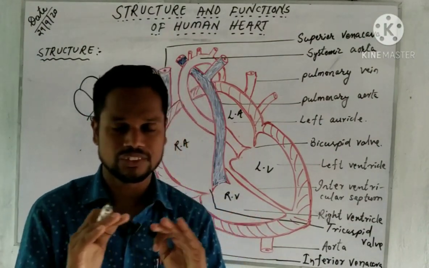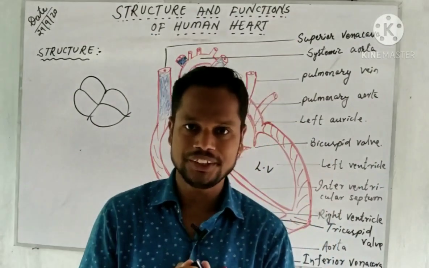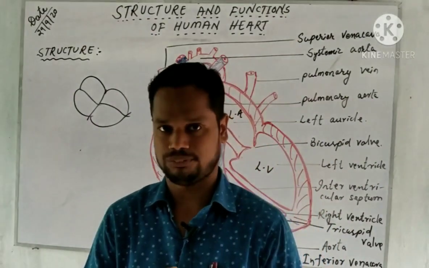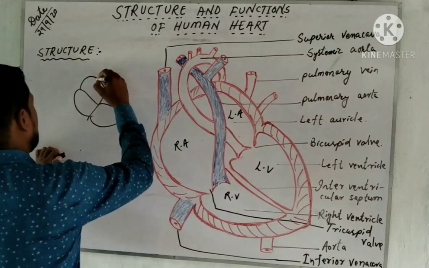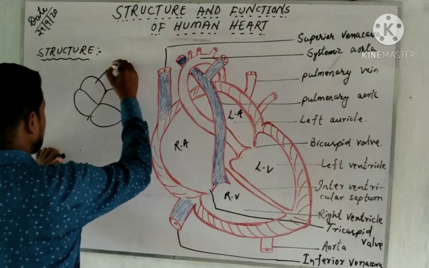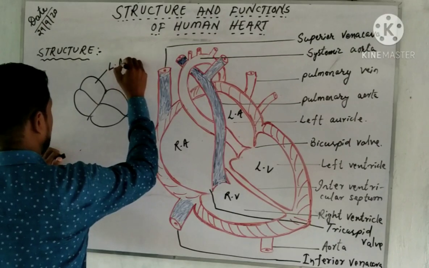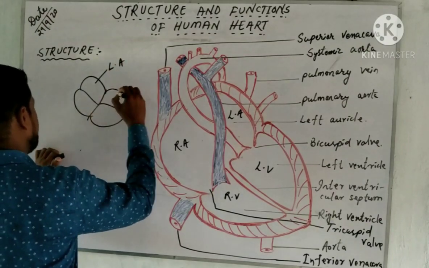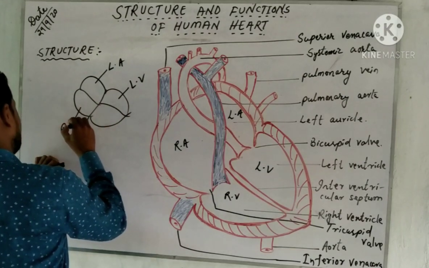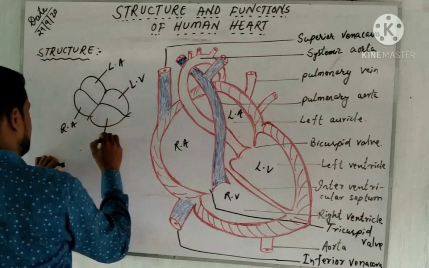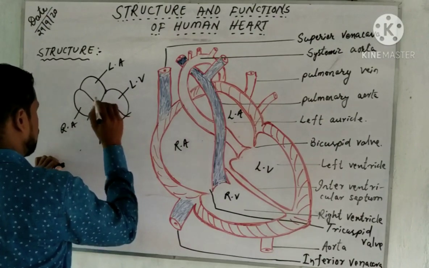Both anatomy and morphology we will discuss combined; for your level it will be enough. So it contains four chambers: left auricle and left ventricle, right auricle and right ventricle.